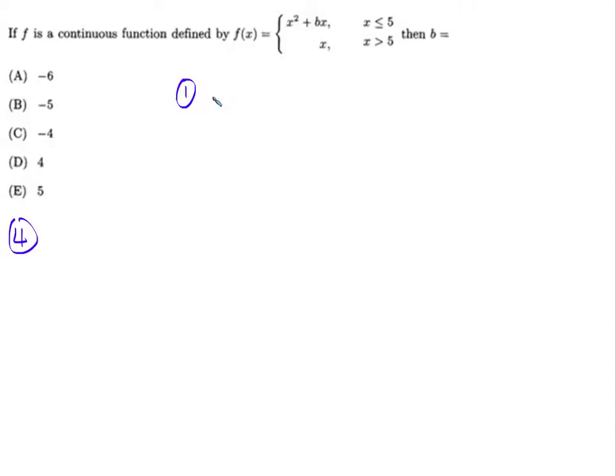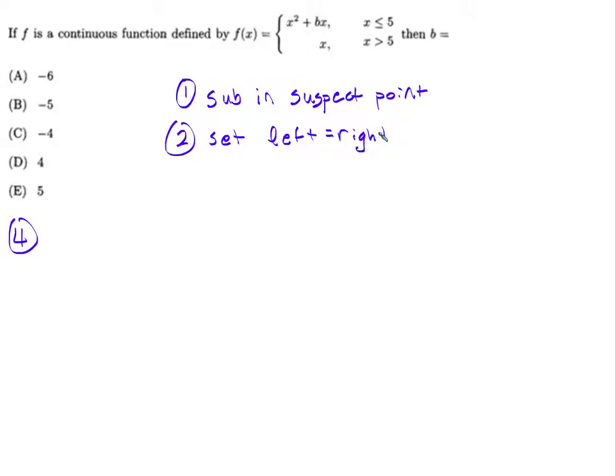So step number 1, and I guess 1 and 2 can be reversed in any order, but I'm going to say that this is sub in suspect point. Step 2, set the left equal to the right, and this should also be equal to the point, and I'll do a little star here in a different color.